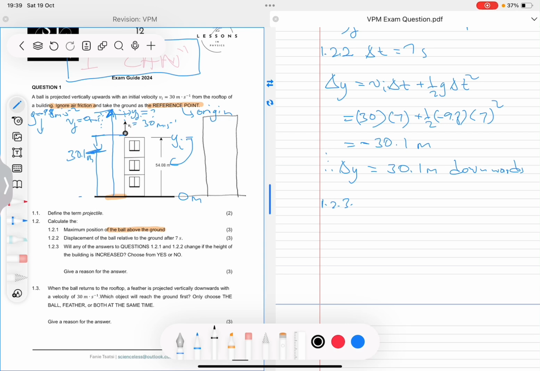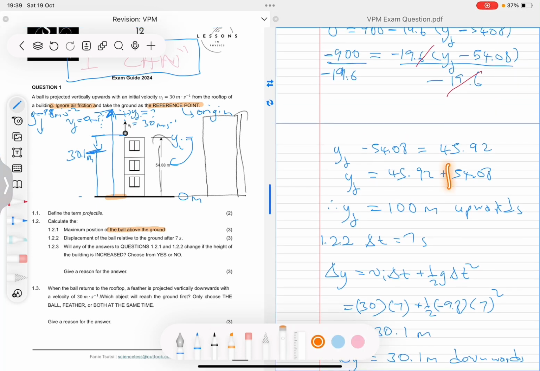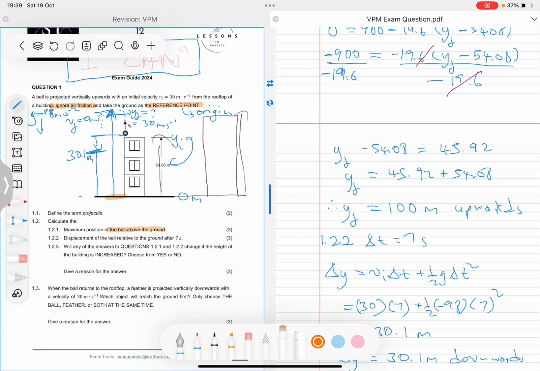That means this height here will be much bigger, right? So you can see that if you go back and do the calculations here, the 54 here would have been increased. It will go higher. And remember, we were adding this number here, the height of the building, to the maximum height, or to the height that the ball will move up to here, the 45.92.